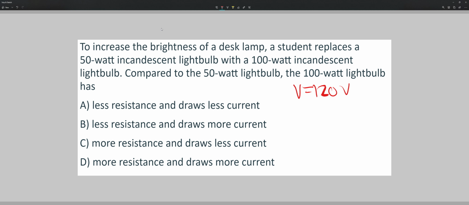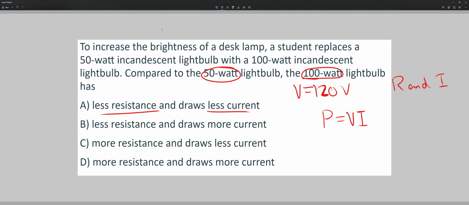The power. So let's take a look at power, right? So we're doing power here, and really, we're kind of comparing resistance and current. So really, R and I. If we take a look at the formula that contains power and I, right? Because we see here that we have two powers, and my power here doubles. The formula that contains power and current is P is equal to V times I. So my voltage here, they're connected to the same outlet, is going to be constant.